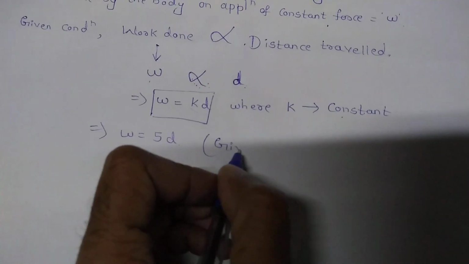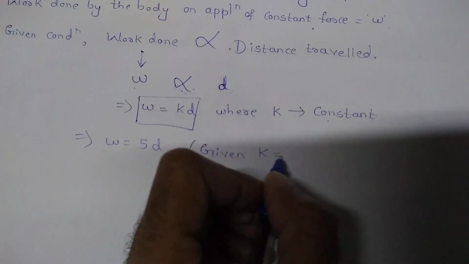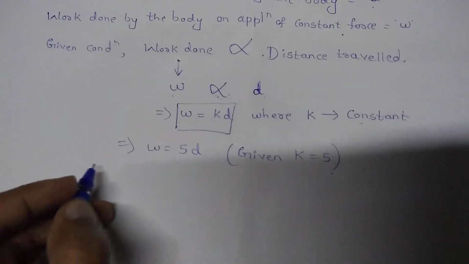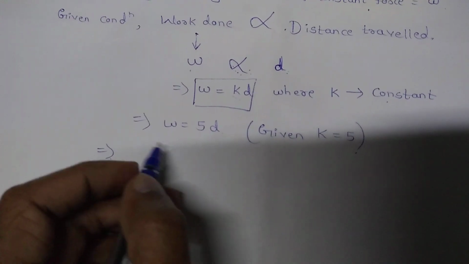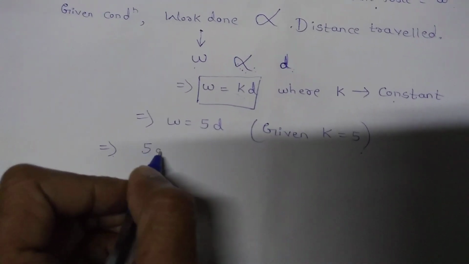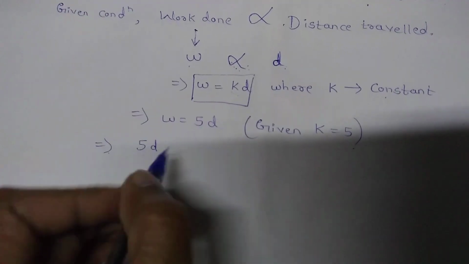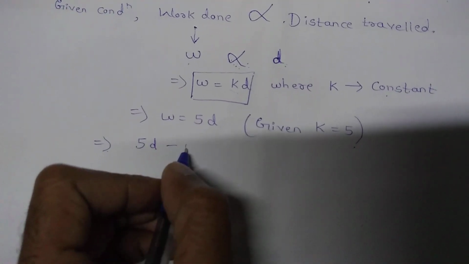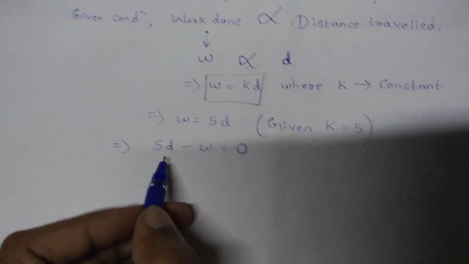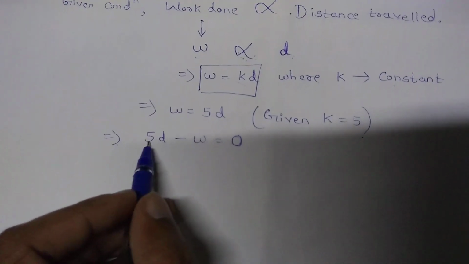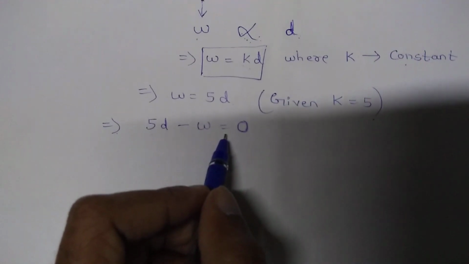Because they have already given that K is equal to 5, that is, the constant force is equal to 5. Now, is this a linear equation in two variables? Yes, it is. Observe 5D: take this to the RHS, it becomes minus, so 5D minus W is equal to 0. Now we have two variables, so hence it is a linear equation in two variables.